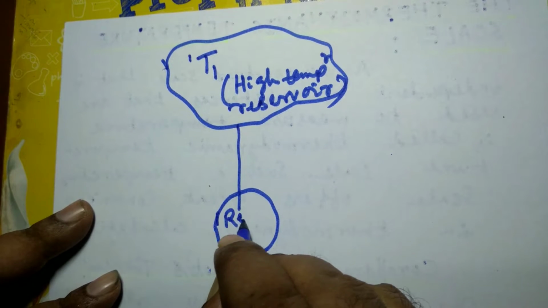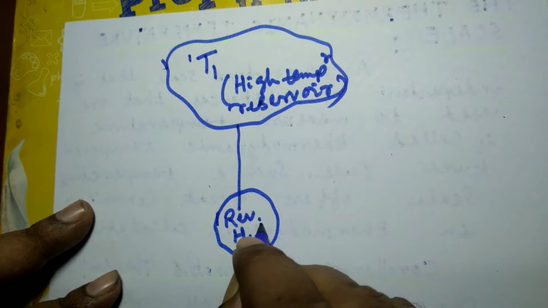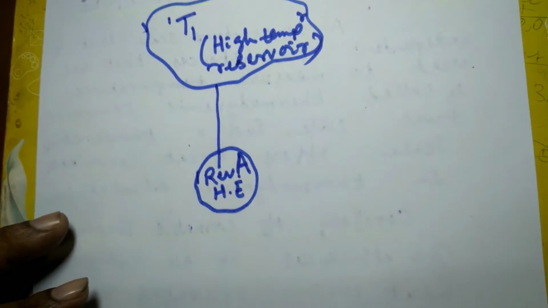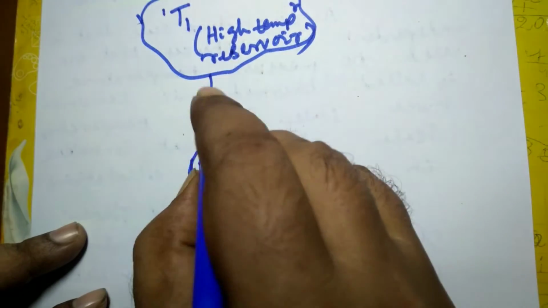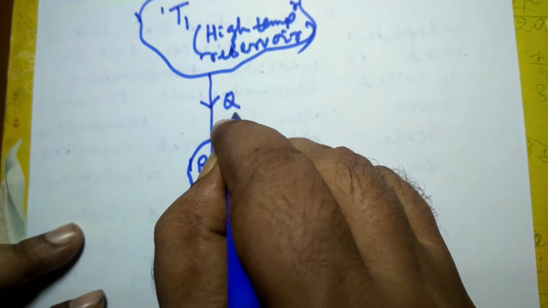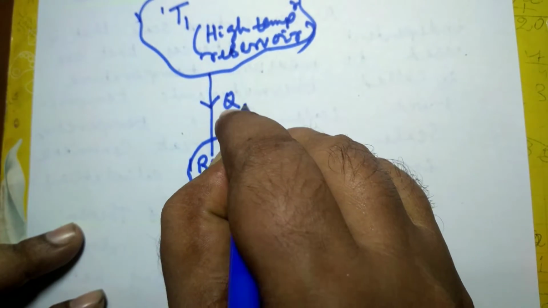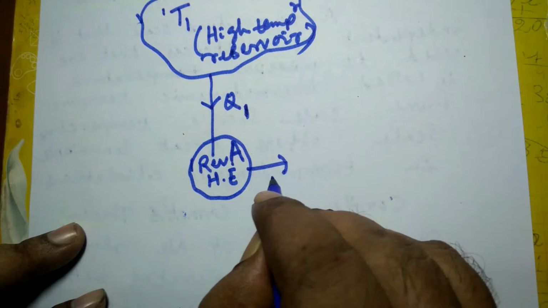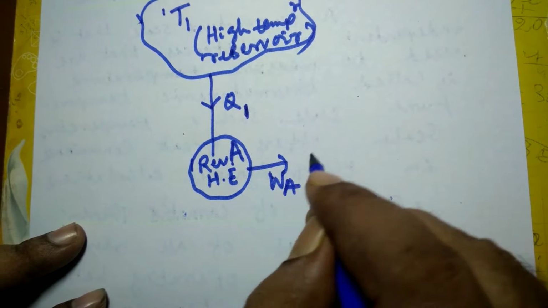Suppose this is heat engine A, operating with this high temperature reservoir, and the amount of heat extracted by this engine from this high temperature reservoir is, suppose, Q1, and this produces work WA.